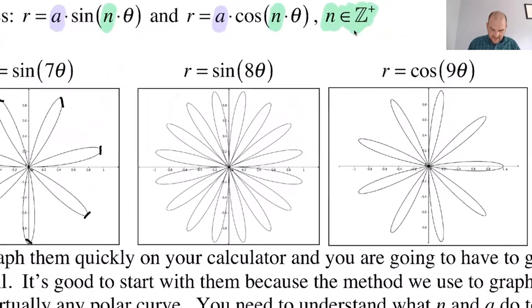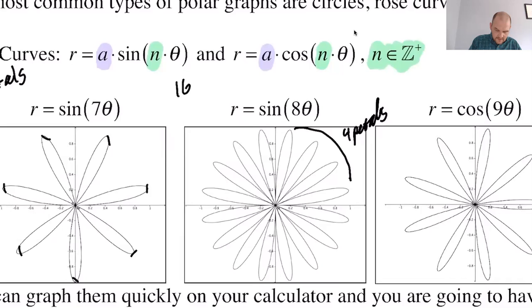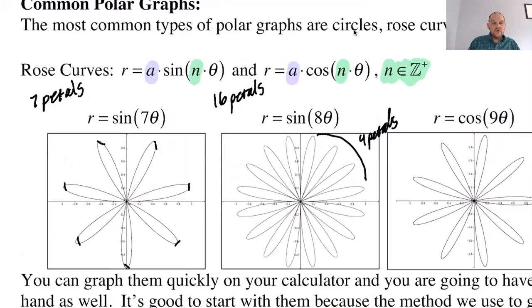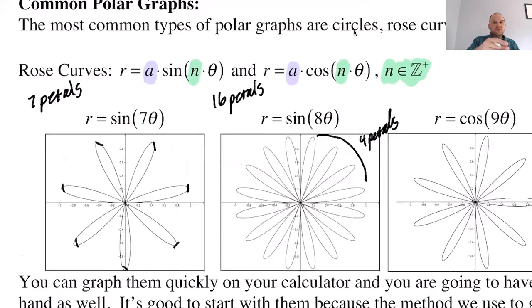Okay, so who wants to count these? We got, well, there's 4, right? That's 4 petals, and then in 4 quadrants that's happening. So there's 16 petals. So that's maybe interesting. We had sine of 8 theta, we got 16 petals. We had sine of 7 theta, we got 7 petals.